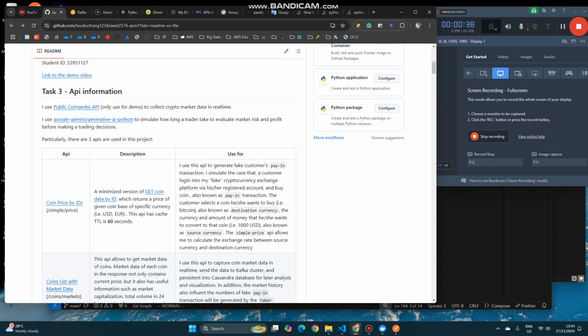I use this API to collect the cryptocurrency market data in real time. And the second thing is I am going to use the Google Gemini AI to simulate human behavior in trading activities.